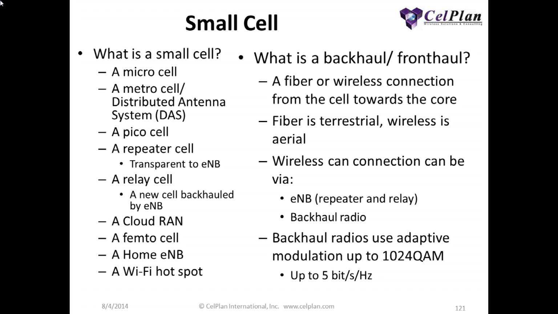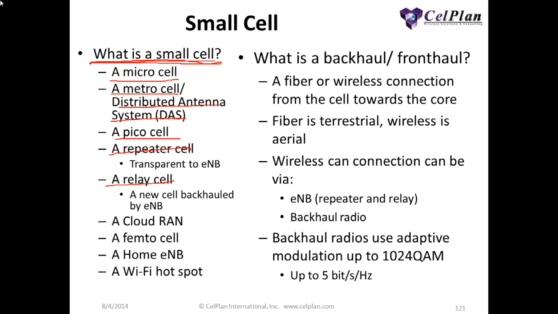Well, each person you ask will give you a different answer. For us, a small cell is a microcell or a metrocell that is using distributed antenna systems, a picocell, a repeater cell, a relay cell.